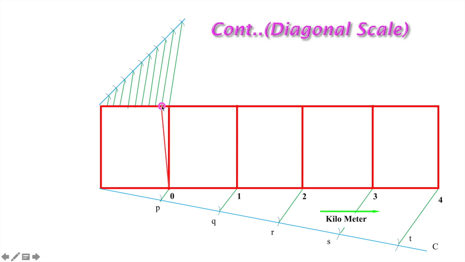If I had drawn a vertical line from this point, then this would be a rectangle. But I have not drawn this. Rather, we have joined the diagonal of this small rectangle. And that's why this scale is termed the diagonal scale. Now, draw parallel lines from all segments. These are the parallel lines of this red line.